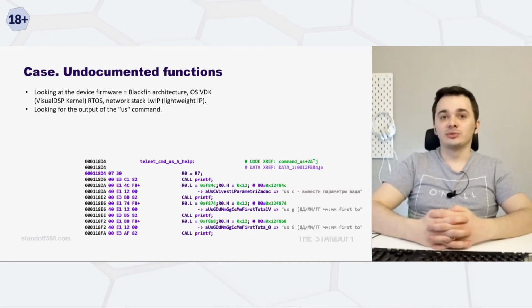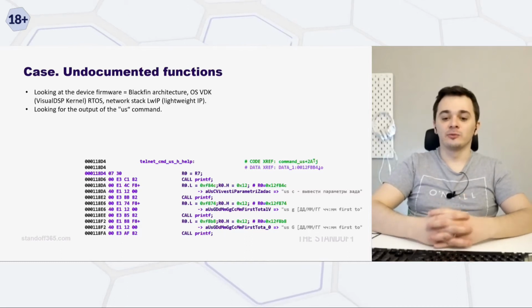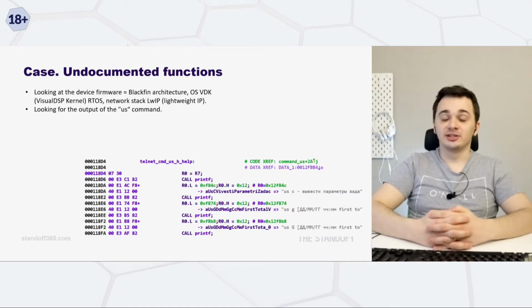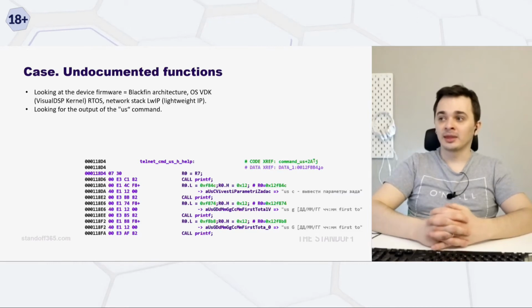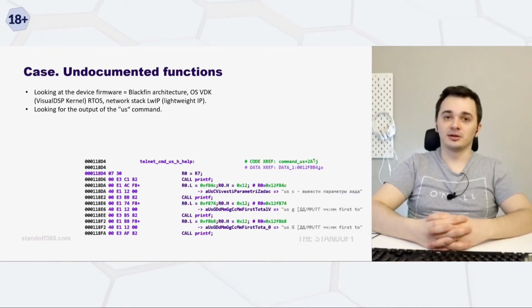Network stacks we discussed in more detail yesterday. The usage of this network stack made our life easier. Having downloaded this network stack, we have been able to quickly learn about the network functions being used there.